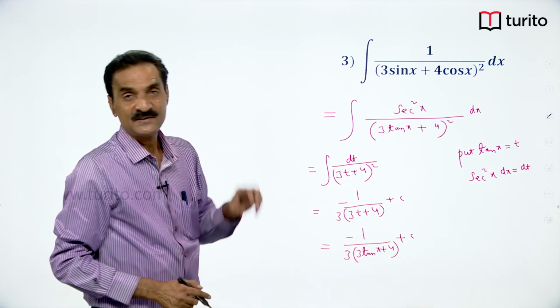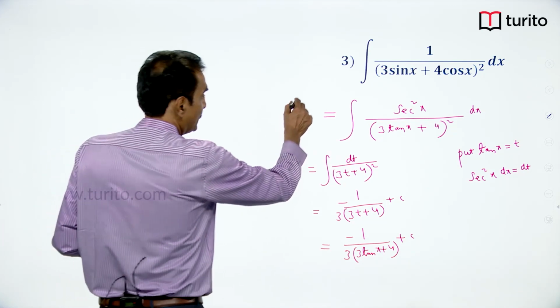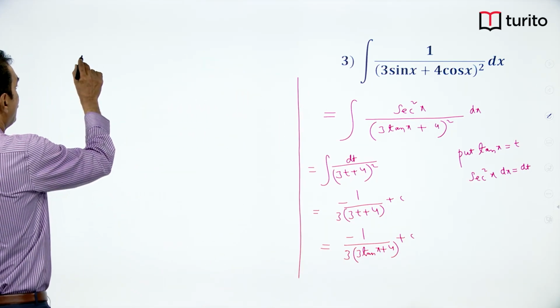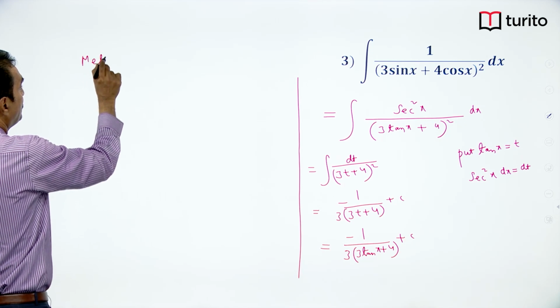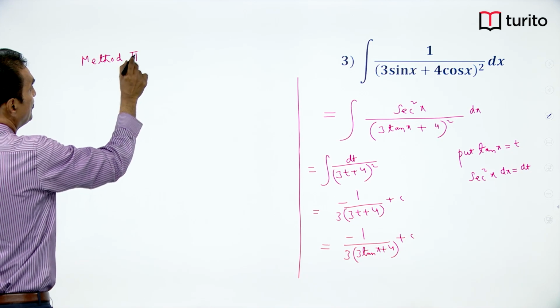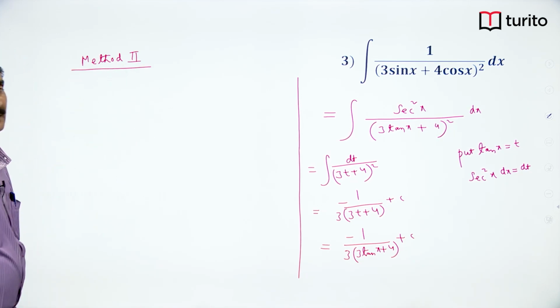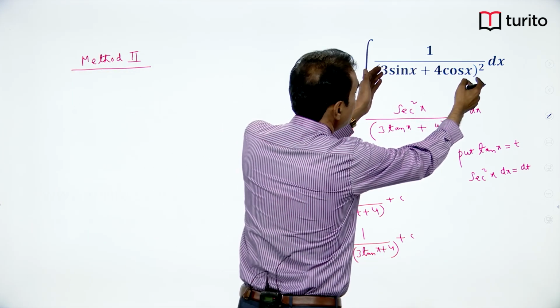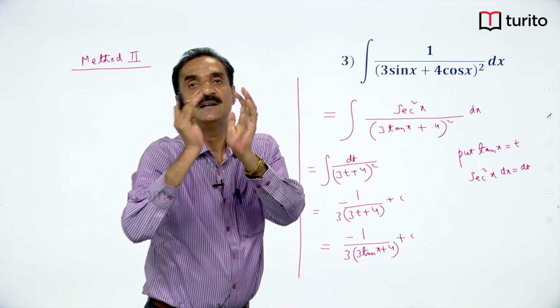We can solve it in a second method. Method 2. In this method, I will combine 3 sin x and 4 cos x as a single term.